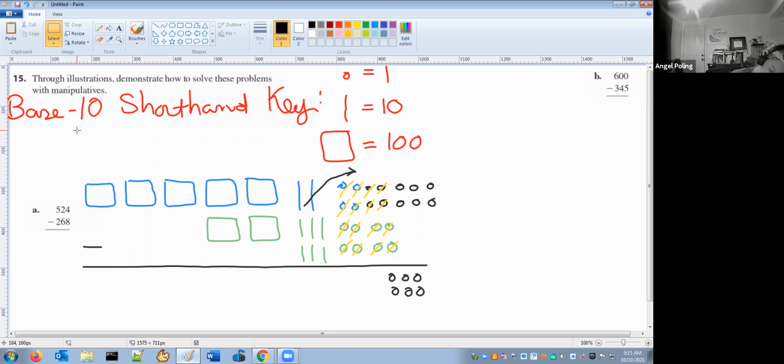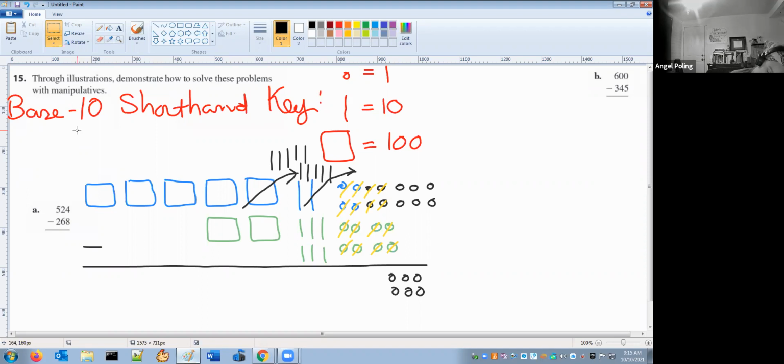And we can't, right? So again, we're going to borrow 1, but borrowing 100 gives us 10 tens, right? So we have 10, 2, 3, 4, 5, 6, 7, 8, 9, 10. And now we can take these 6 green rods away.